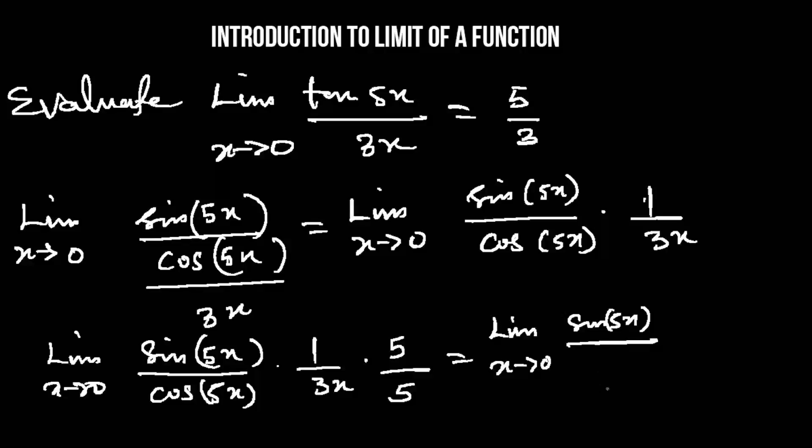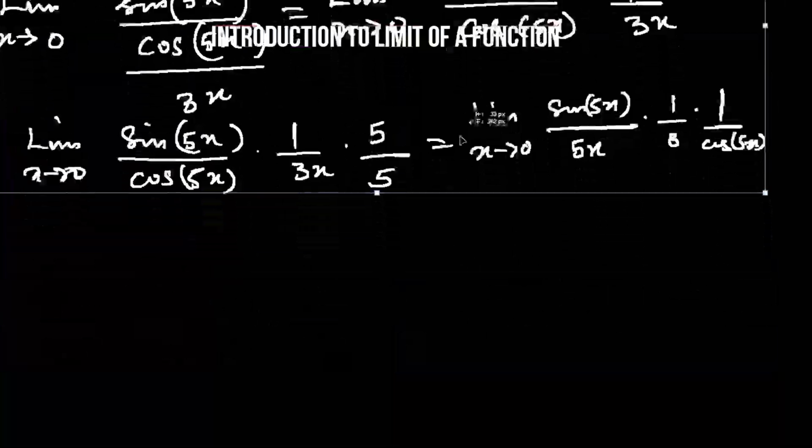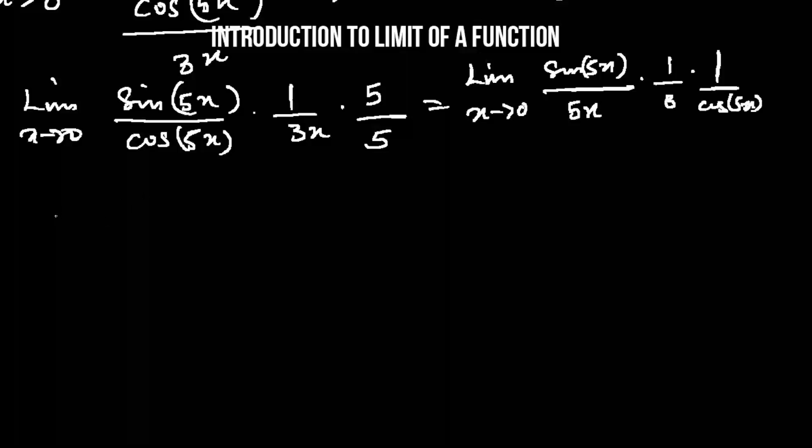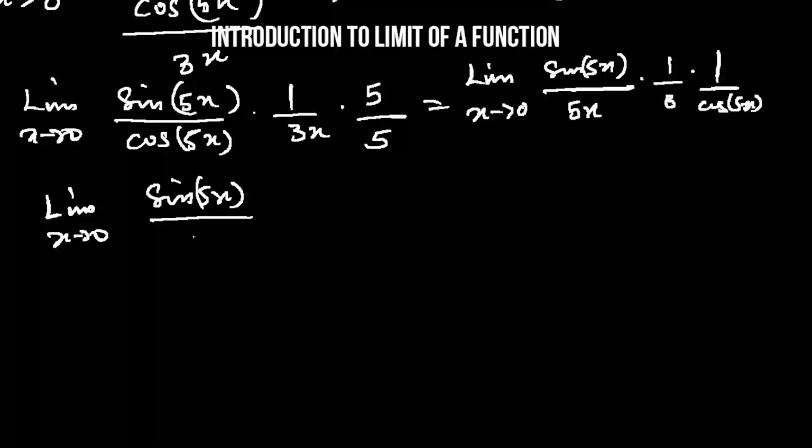Do you understand that now? So that's what I'm to do. So I'm going to put 5x here, multiplied by 1 over 3, multiplied by 1 over cos 5x. I hope you still get this, right? We're running out of space, so let me just adjust this upward a bit. Good. So this question will now become the limit as x tends to 0 of sine 5x divided by 5x multiplied by 1 divided by 3 into brackets cos 5x. I hope you get this now.